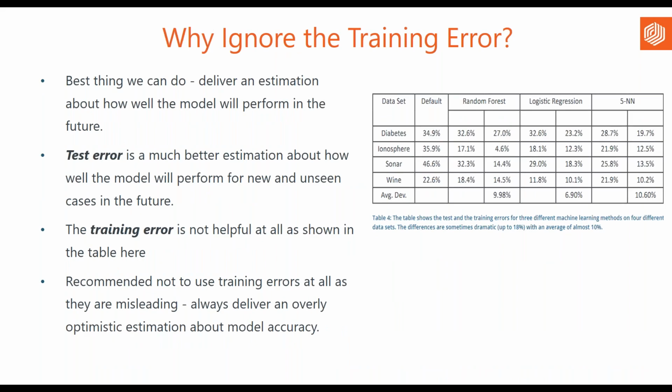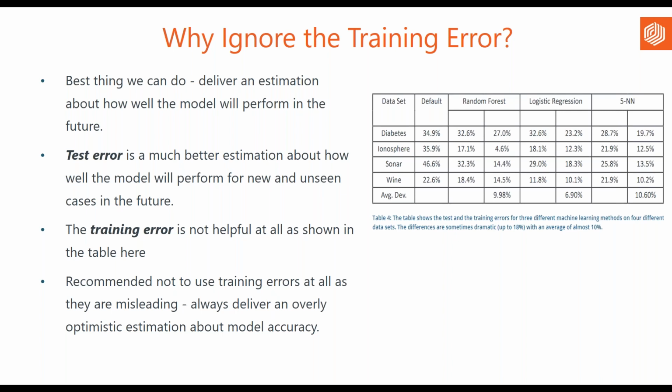So why am I talking about all this? We would have to ignore the training error. Why do I say that? Because you are trying to build a model on the data, and if you give the same data to your model, apply the model and try to calculate its performance, it's obvious that the model will perform to its best, right?